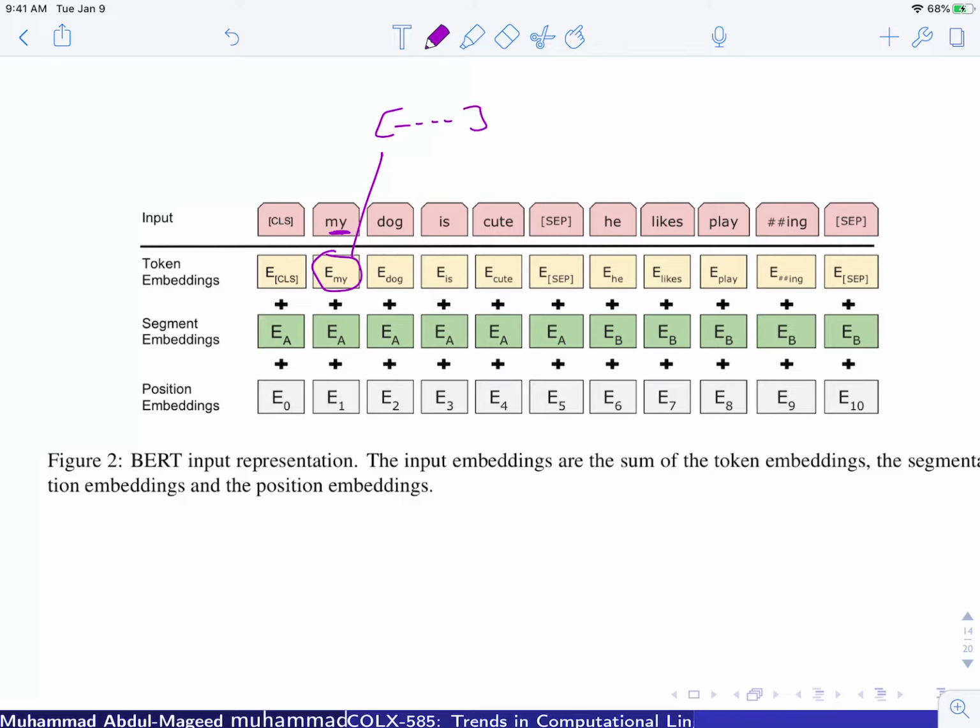It could look like this, right? But then you also have a segment embedding vector, which is basically just a vector full of ones. And then you add this one to the segment embedding vector, okay?